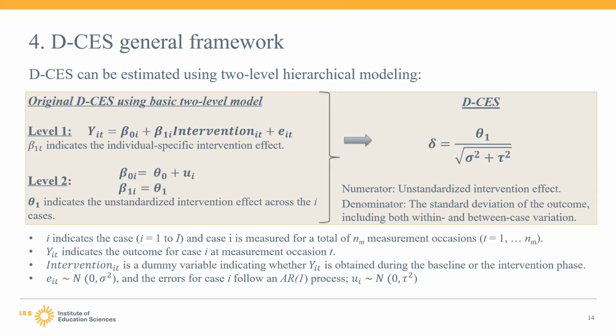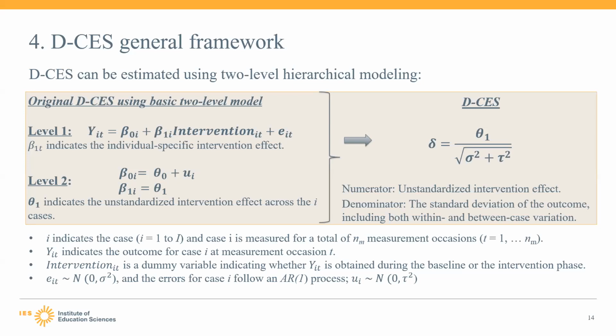So beta 0I equals theta 0 plus U_I, and beta 1I equals theta 1. Now, theta 1 indicates the expected unstandardized intervention effect across the I cases. Note also that the within case variance, sigma squared, and the first order autocorrelation are assumed constant across cases.